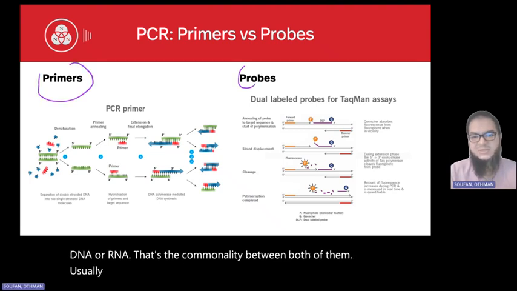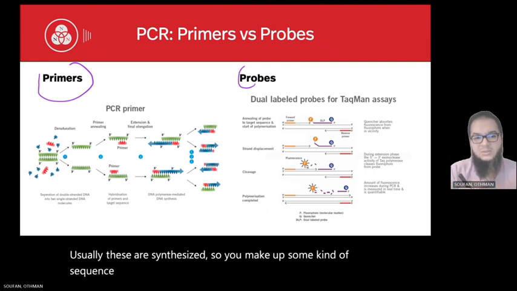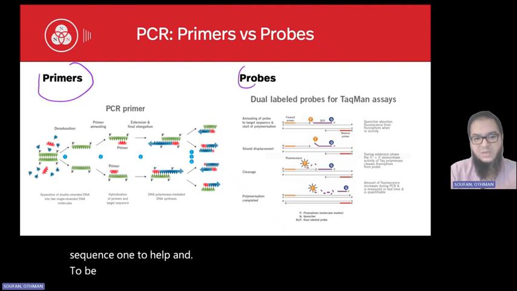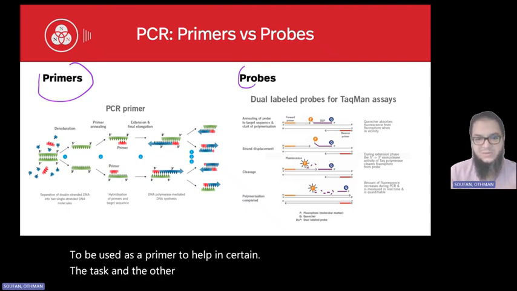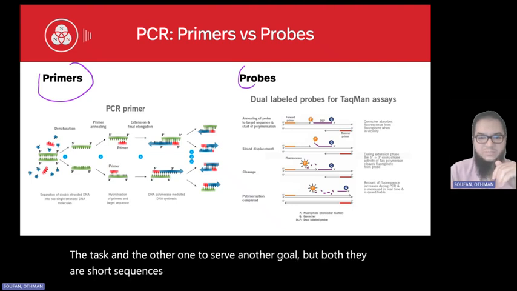Usually these are synthesized. So you make up some kind of sequence, one to be used as a primer to help in a certain task, and the other to serve another goal. But both are short sequences of DNA or RNA.